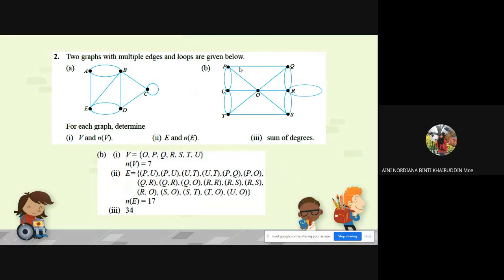For B, vertex, so start with O: O, P, Q, R, S, T, U. Number of vertex 7. Edges: PU, PU, because these are multiple edges.